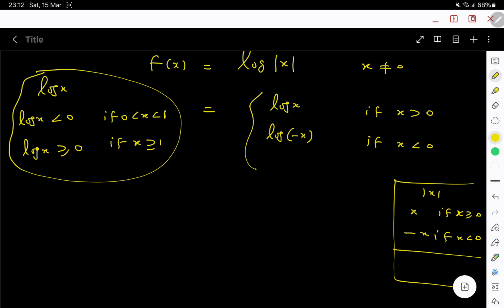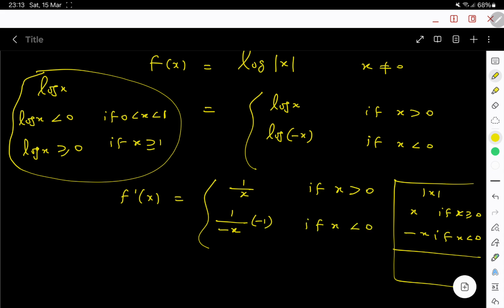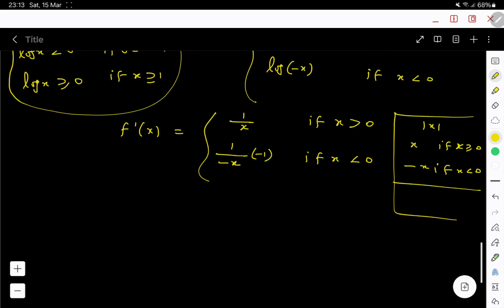Now differentiating this: differentiation of log x is 1 by x if x is greater than 0. For log of minus x, use the log rule, 1 by minus x, and again differentiating minus x gives minus 1, if x is less than 0. f dash of x is not defined at x equal to 0, since 1 by 0 is not defined.